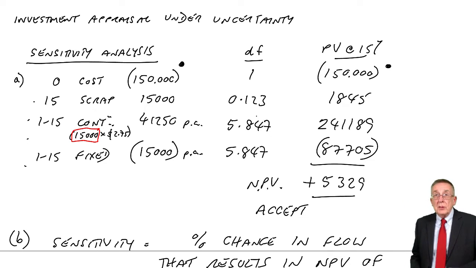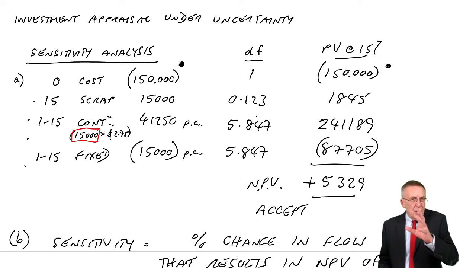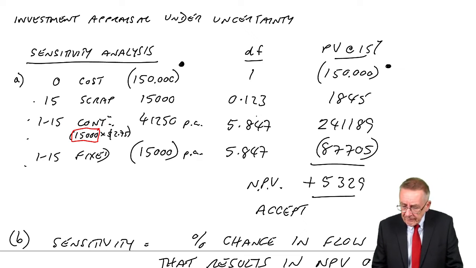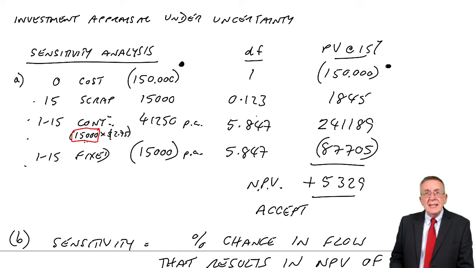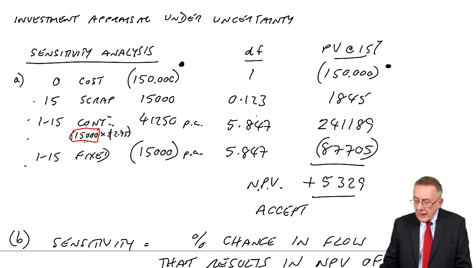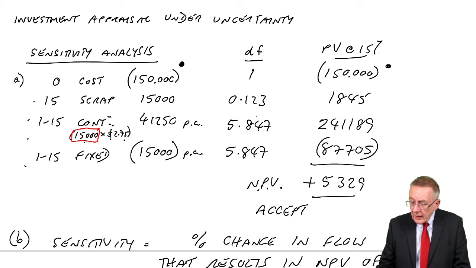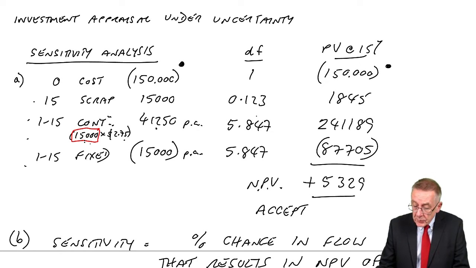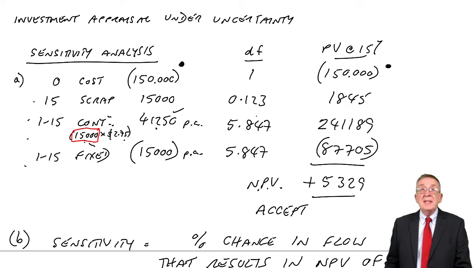Well, although I'll give you a rule, just think it through. Just suppose the answer was 10%. If the volume changed by 10%, surely the contribution per year would change by 10%. If this was 10% lower, that would be 10% lower as well.